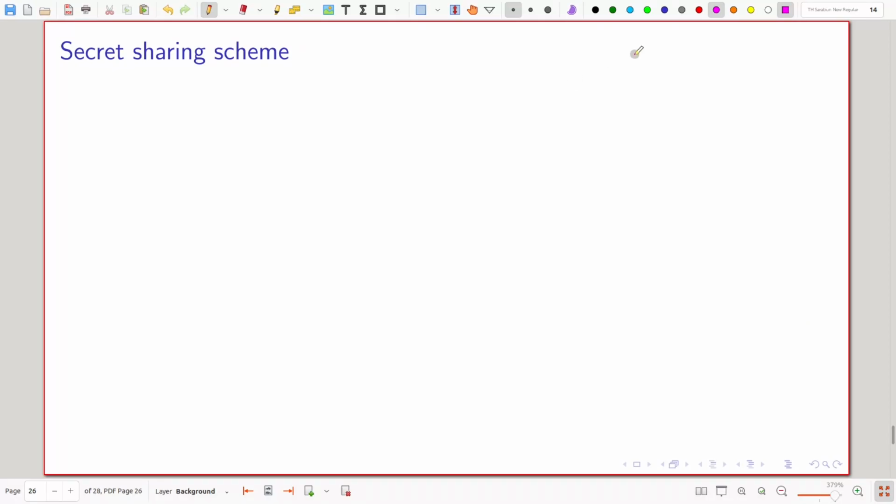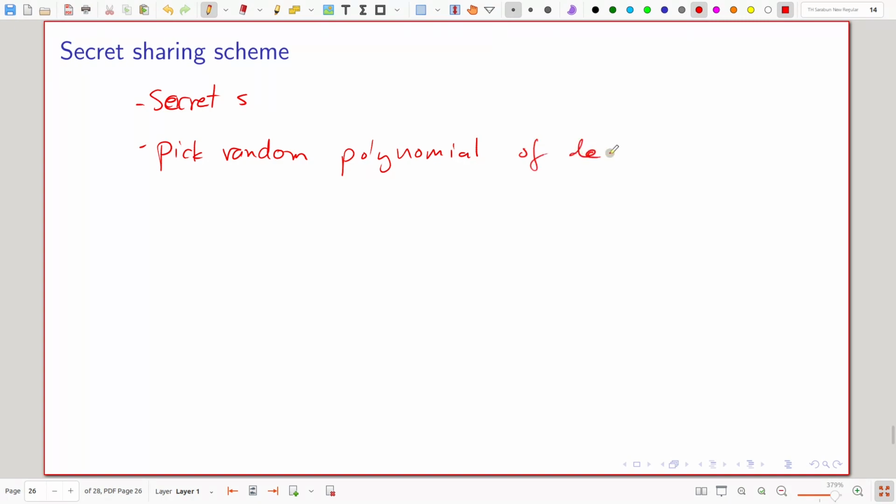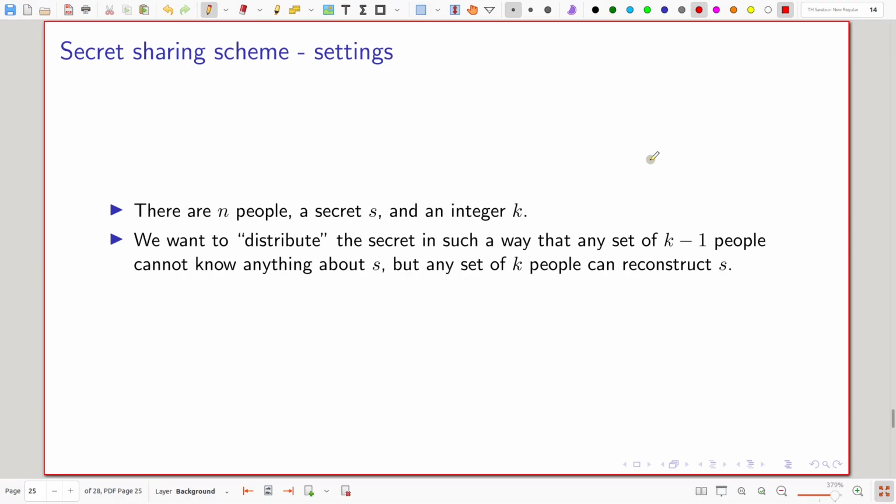So we pick a secret s, right? So we pick a random polynomial of degree... We want k people to be able to recover the message.